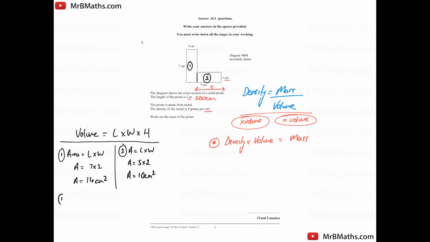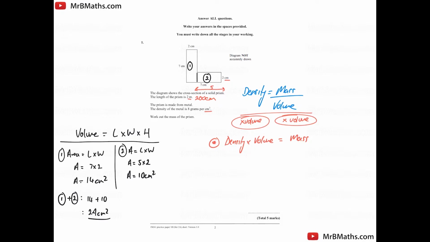So if we combine the two, we get 14 plus 10, so total area of 24 centimeters squared. So that's our cross-sectional area, which is all of this.